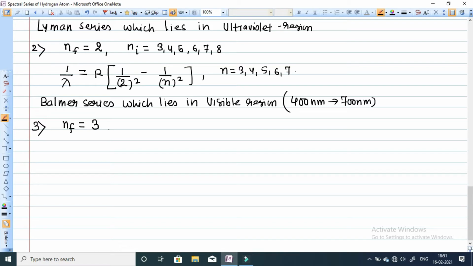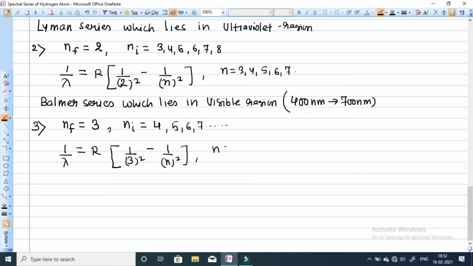That means n is equal to 3, and initially the electron was in a higher energy state, so you need to choose a value greater than this, like 4, 5, 6, 7. Then the Rydberg formula will reduce to 1 upon lambda is equal to R into 1 upon 3 square minus 1 upon n square, and this n will get its value from 4, 5, 6, 7.